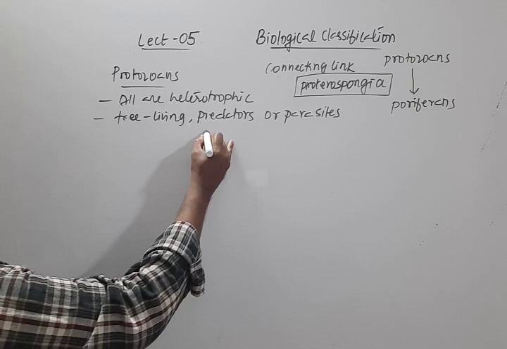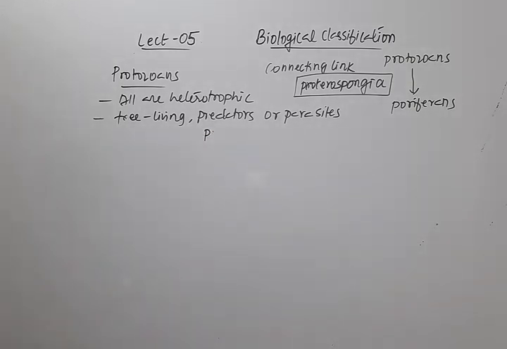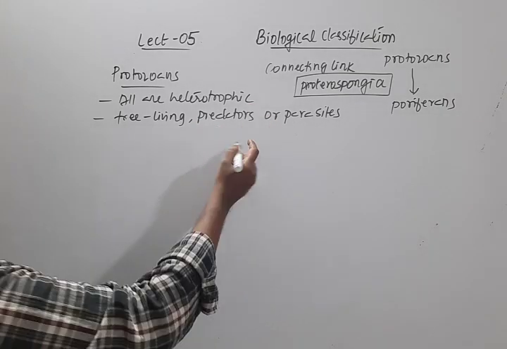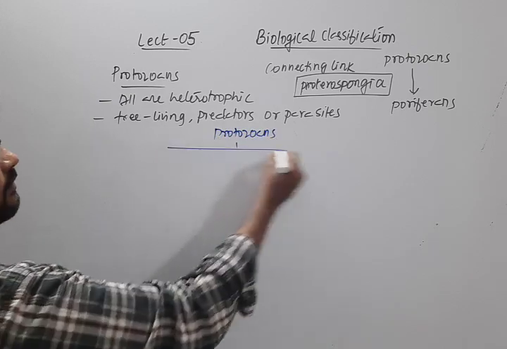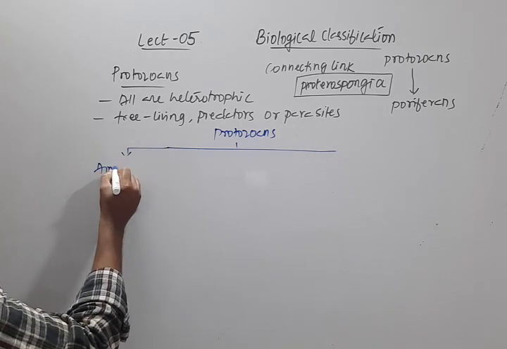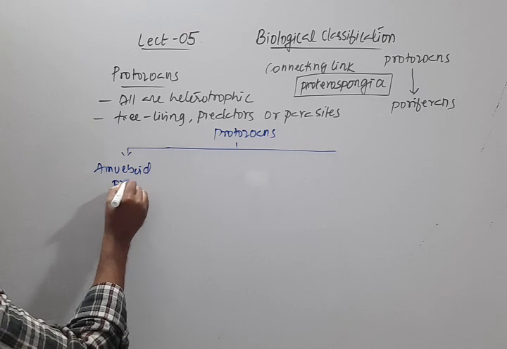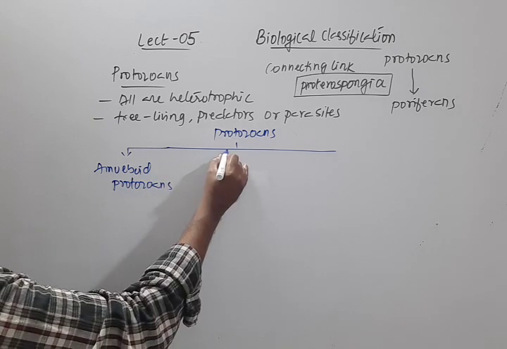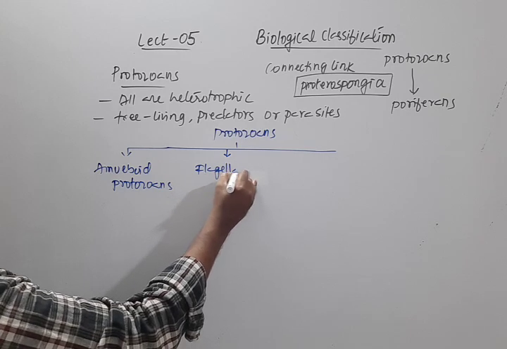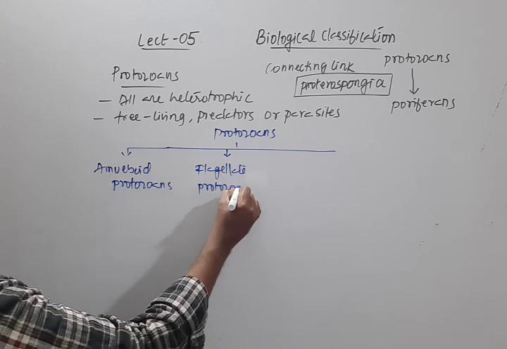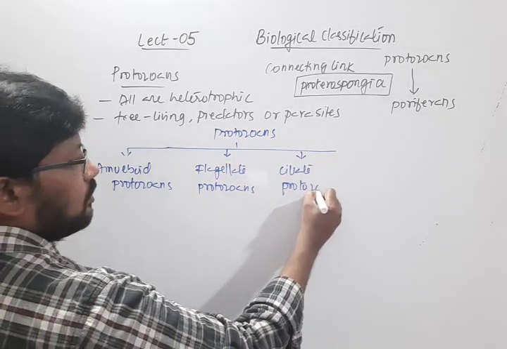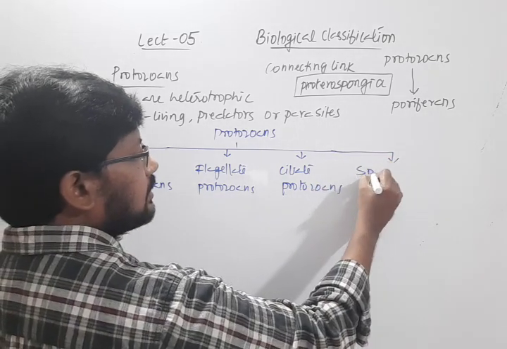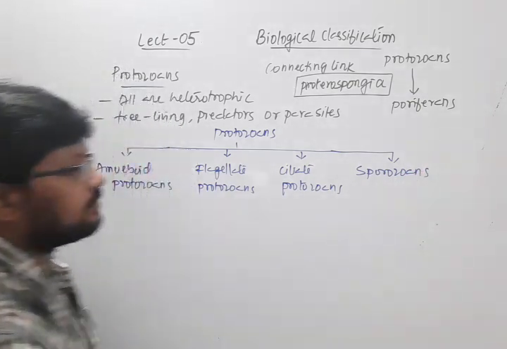These protozoans are classified into four different categories based on their locomotory structures or life cycles. Protozoans are classified into amoeboid protozoans, then flagellate protozoans, and then ciliate protozoans, and lastly sporozoans.